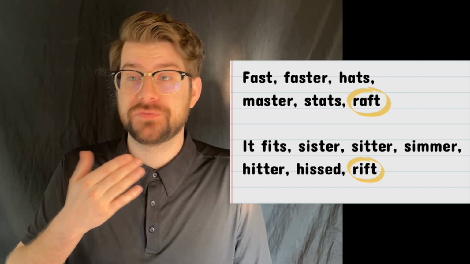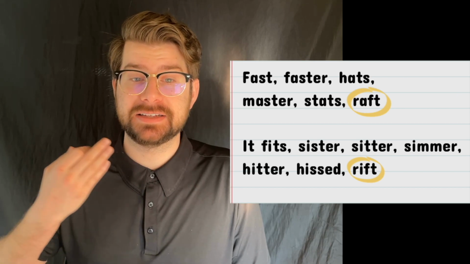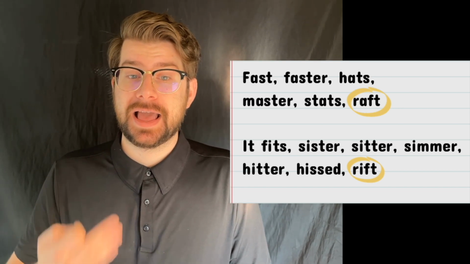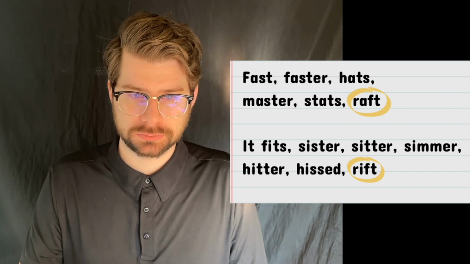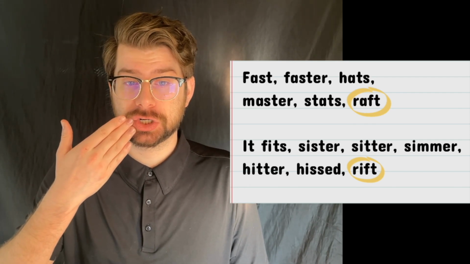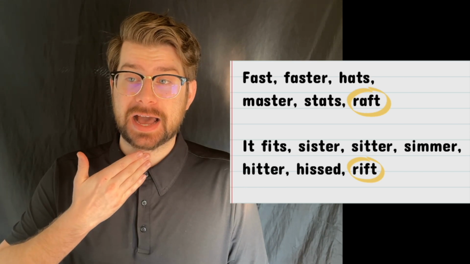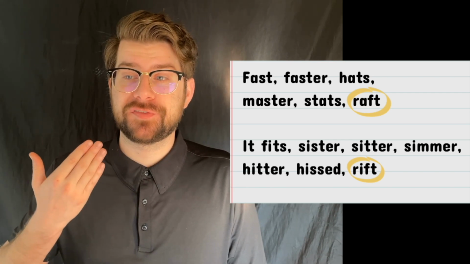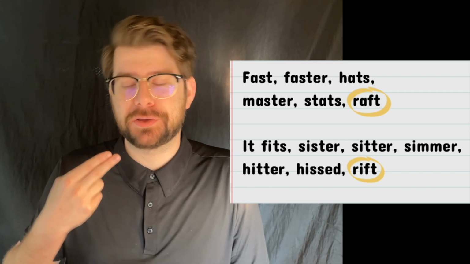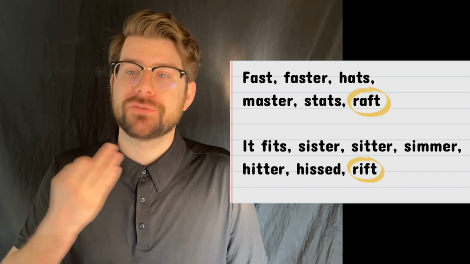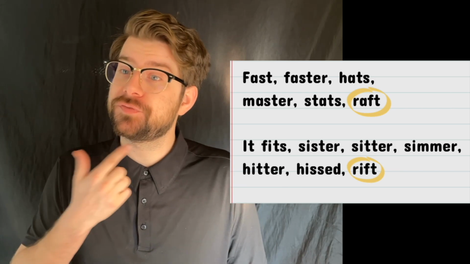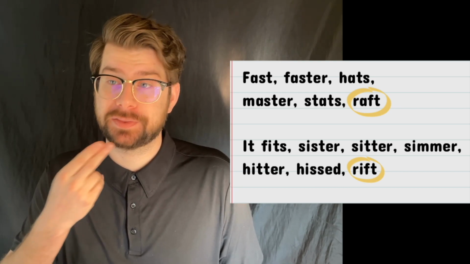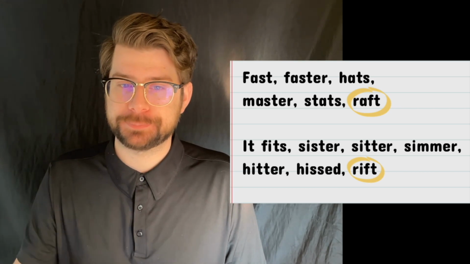So we can cue fast, faster, hats, master, stats, and then we can cue raft, which has a flick. We need to flick to show there are 2 consonants there without a change in hand shape.